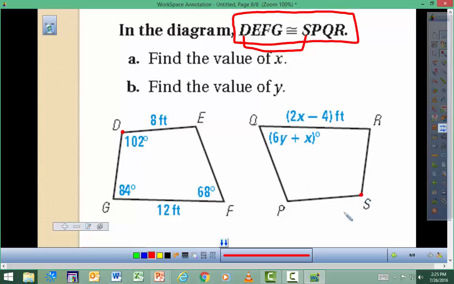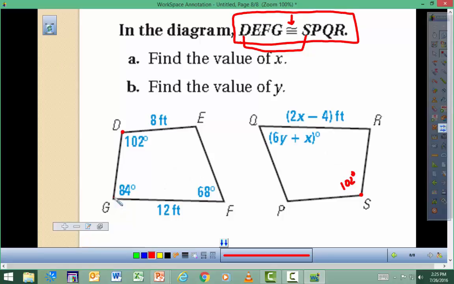That's this spot here. So for example, since we know that angle D is 102 degrees, we could also say that angle S is 102 degrees, because we were told this congruent statement here. So all the angles of this quadrilateral are going to be congruent to all the angles over here as well.